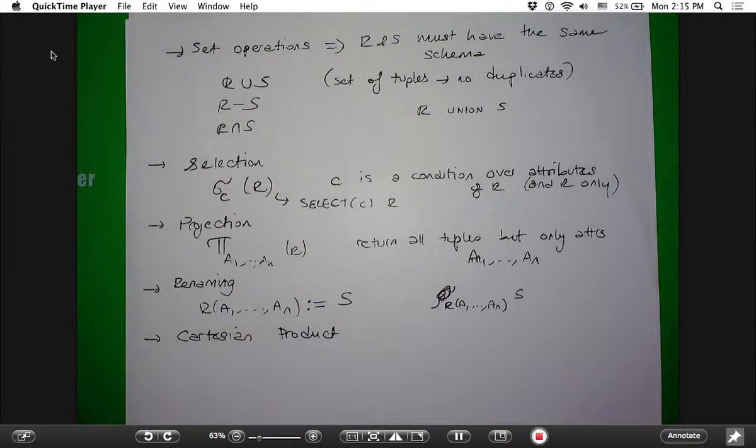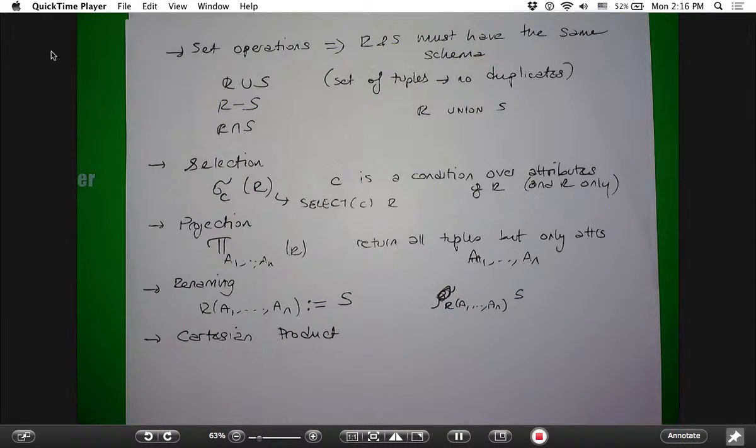Because people have some attributes, so you can take the union of those. But if they don't have the same attributes, you don't know if they are of the same type. So you cannot take the union of all people and all buildings, right? That makes no sense. So the point of the same schema is to make sure that they are the same type of object. So that's why we refer to the schema as a way of defining the object.